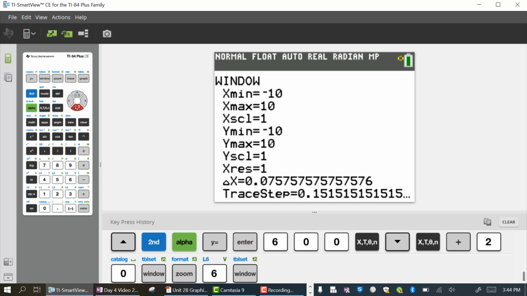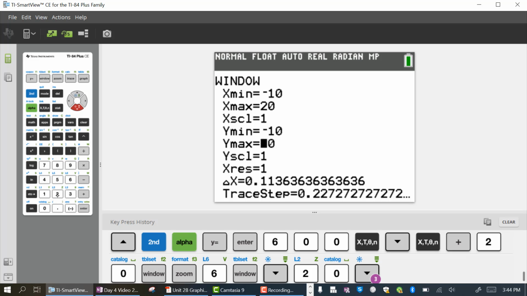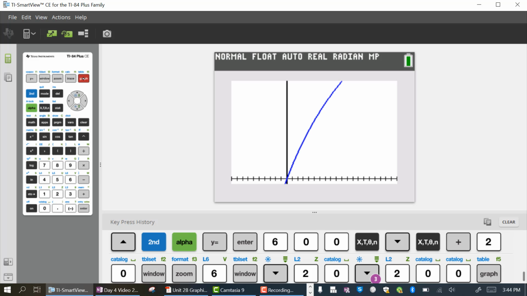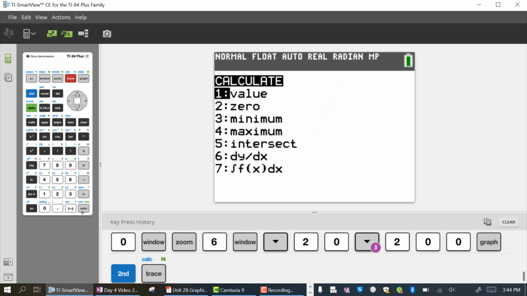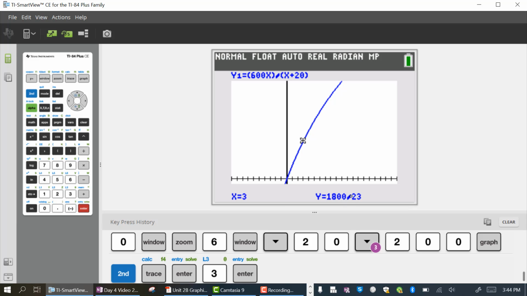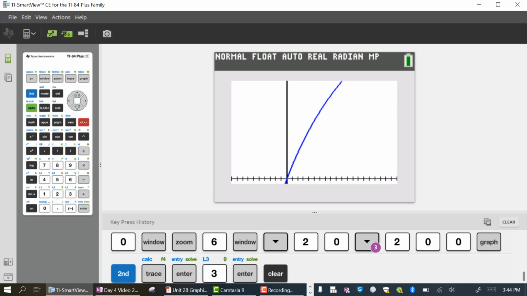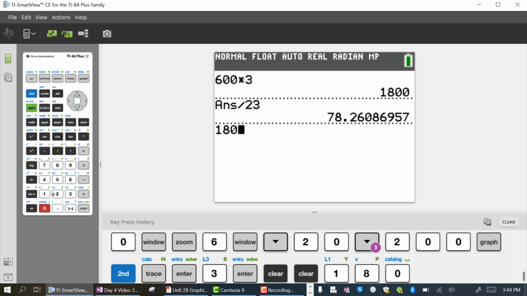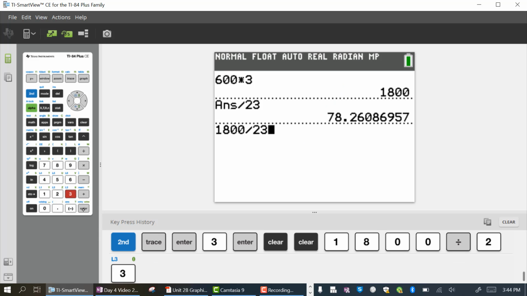So let's double this and let's make this a lot bigger because it's a 600 person lecture. So let's try that. I can see my line. And I want to find second trace when my x value is 3. And so I get 1800 over 23.